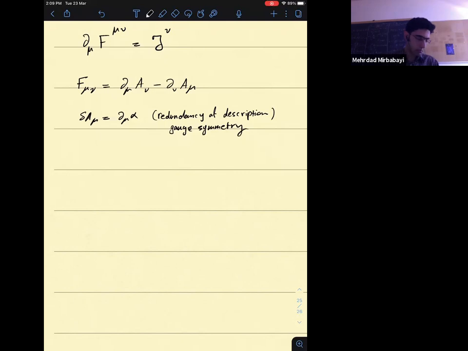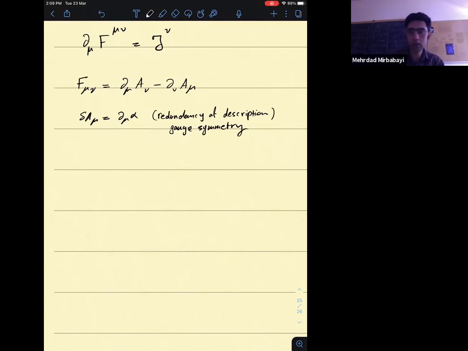Now, at this level, it might look a little bit unnecessary to introduce this vector potential. For instance, one useful fact about it is that it's a little bit more economical to work with A_μ rather than F_{μν}.